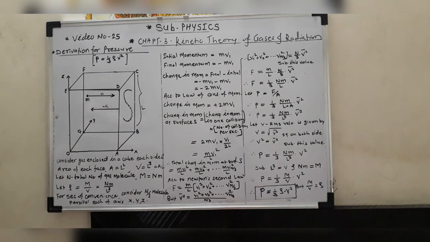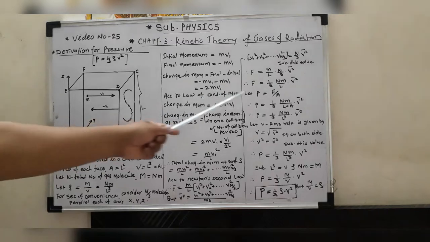Again we have to find the expression for the pressure, and therefore by the definition of pressure, pressure is nothing but the force per unit area. This derivation is lengthy, you can remember that point: the law of conservation of momentum, also Newton's second law, and now the definition of the pressure.